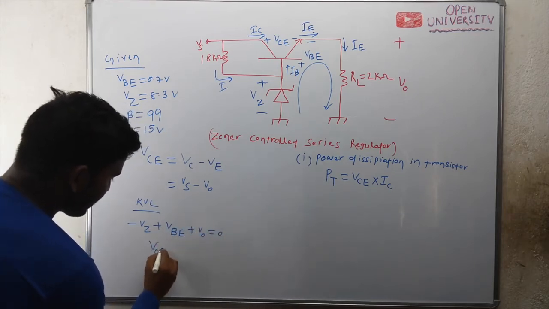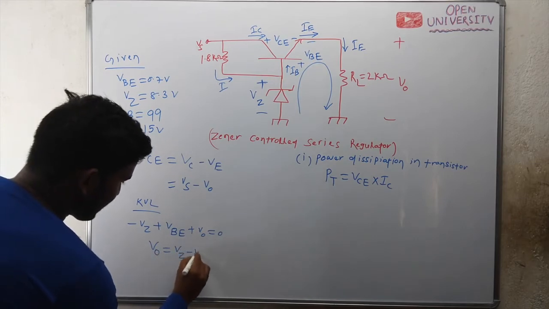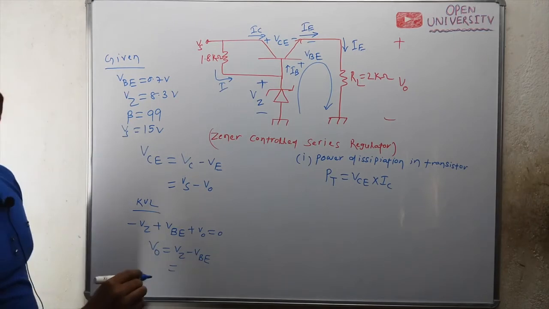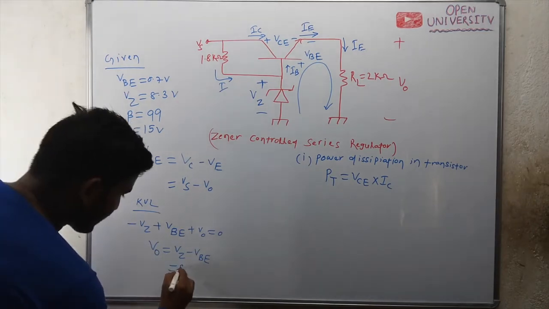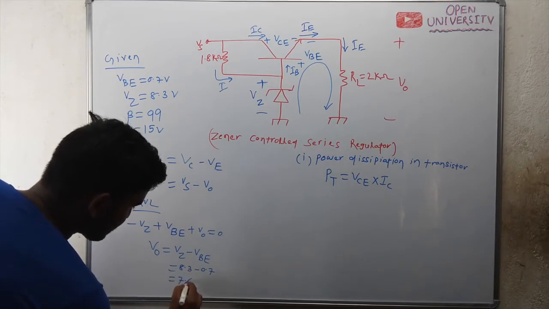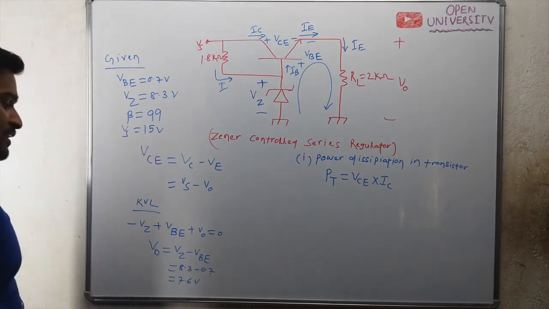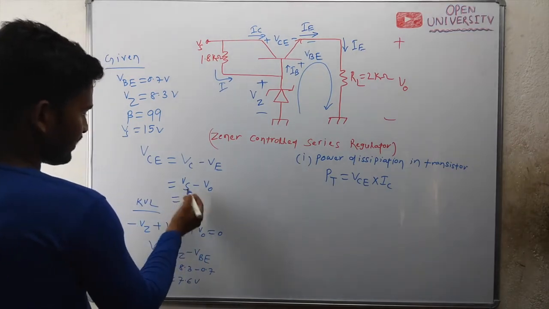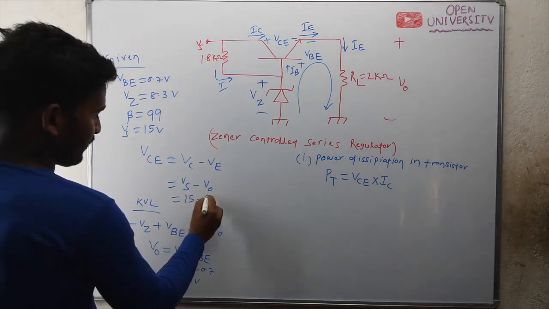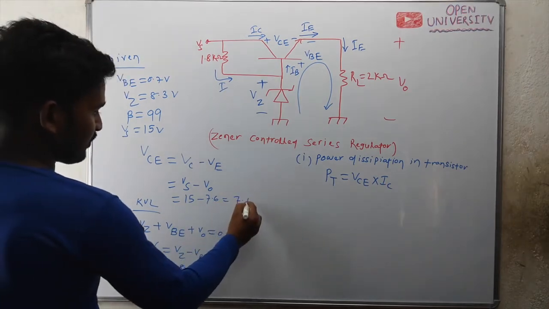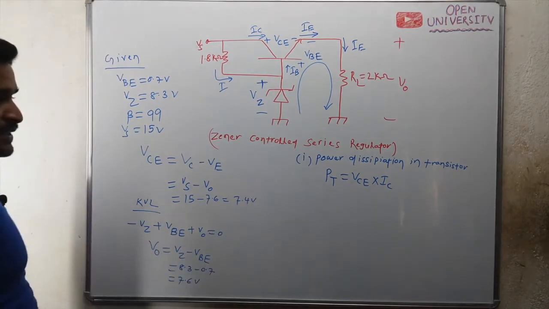So V naught will be equal to VZ minus VBE. VZ value was 8.3 volt, so 8.3 minus 0.7 becomes 7.6 volt. 7.6 volt is your V naught value. So VC will be Vs, 15 volt, minus 7.6 volt, that is 7.4 volt.